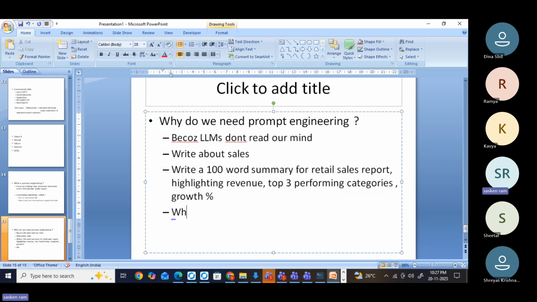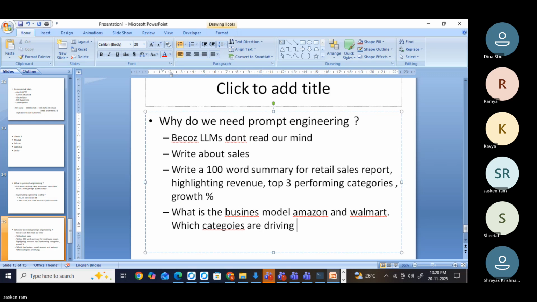You can ask questions like, what is the business model of Amazon and Walmart, and what are the differentiations, or which categories are driving their revenue. Or you can refine the prompt.